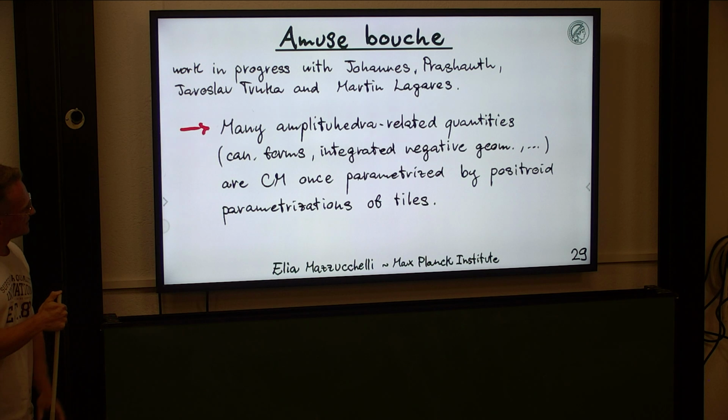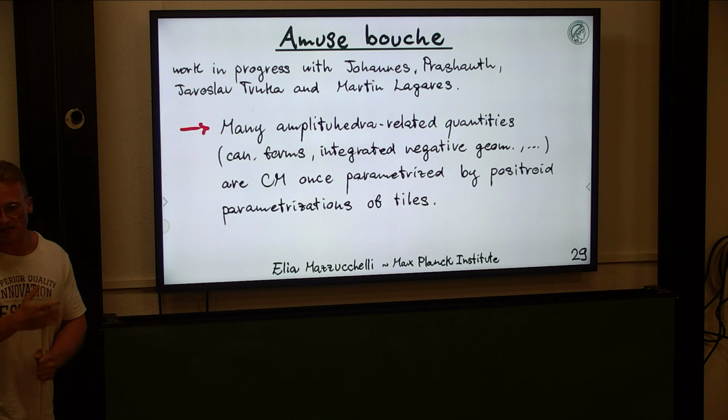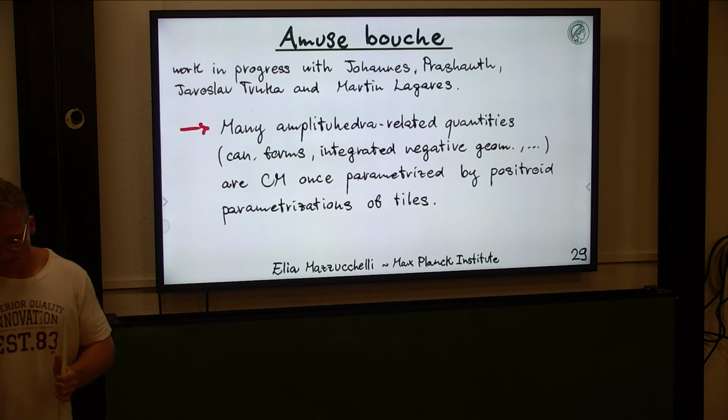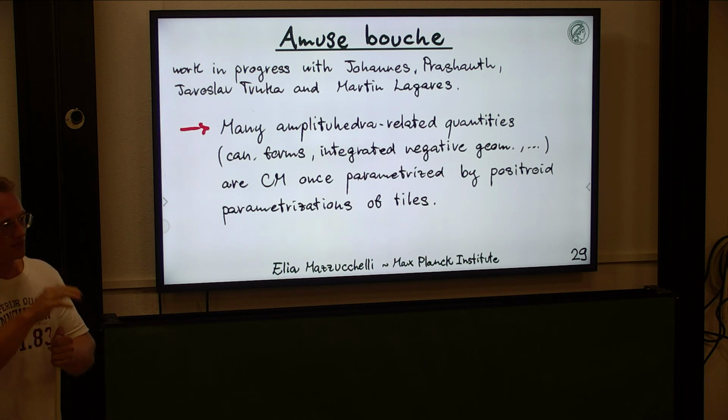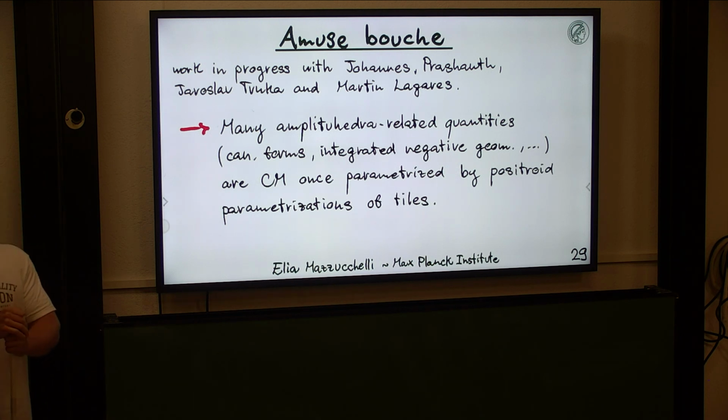So it's very fascinating. There should be some generalization of the notion of complete monotonicity also for these kinds of functions on the Grassmannian, and maybe at some point we'll be able to know what the dual amplituhedron is. That's all.